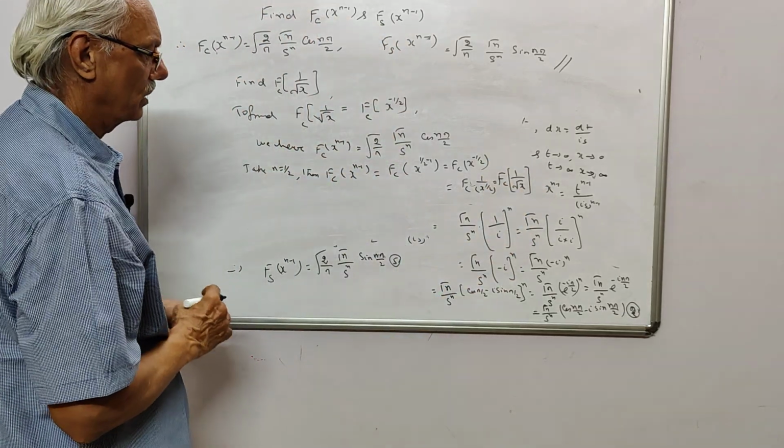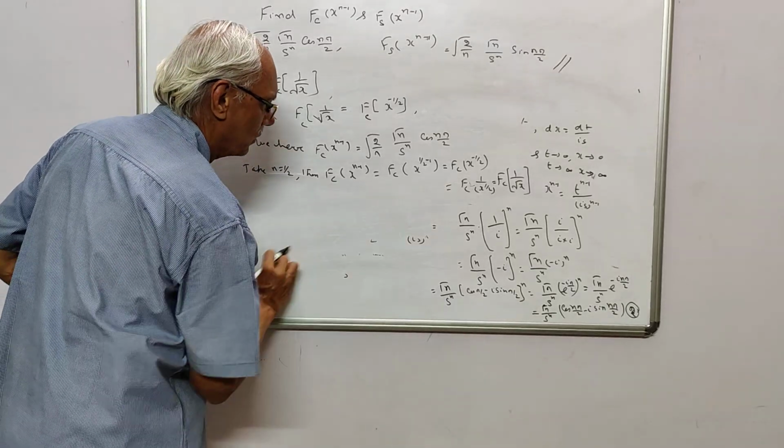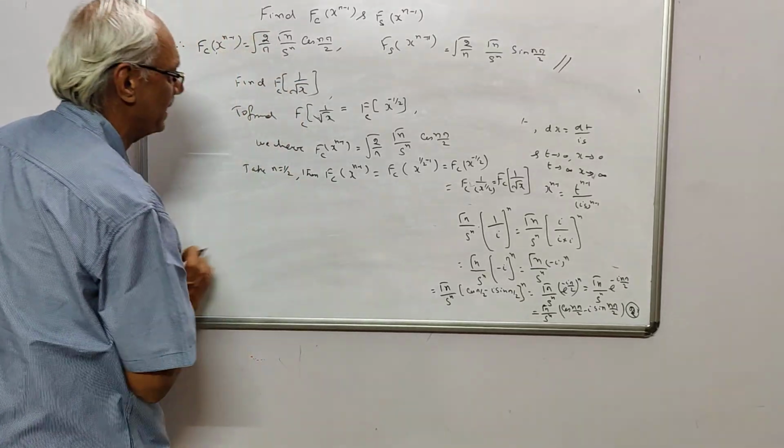So this is what I want. Now you have to find. So wherever x comes, you have to substitute only half. So what is it that you will get?